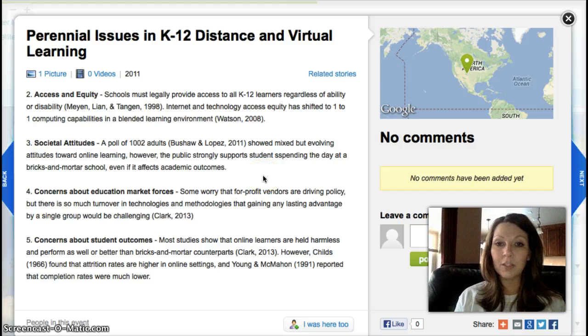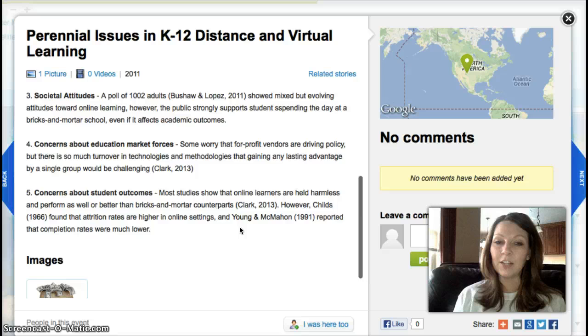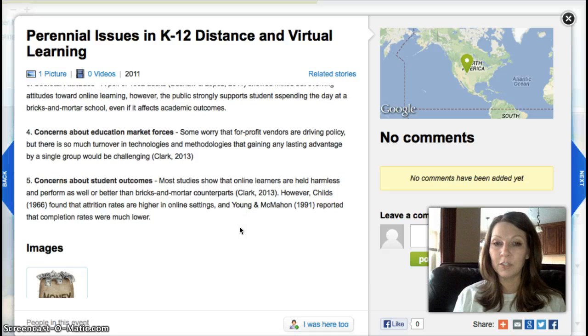However, the public strongly supports students spending the day at a bricks and mortar school, even if it affects academic outcomes. There are concerns about education market forces, worrying that for-profit vendors are driving policy, and there are concerns about student outcomes. Most studies show that online learners are held harmless and perform as well or better than bricks and mortar counterparts. However, there are higher attrition rates and completion rates are much lower.